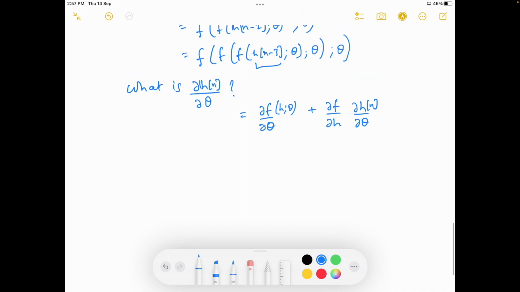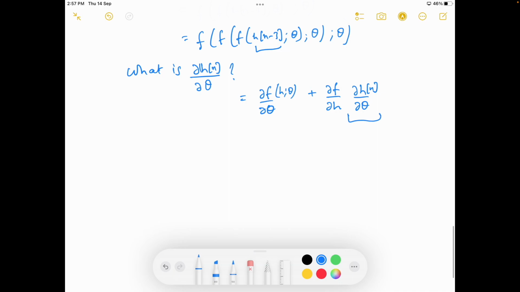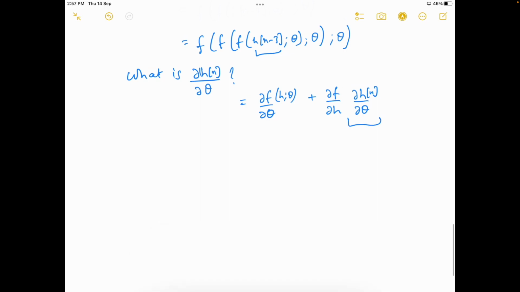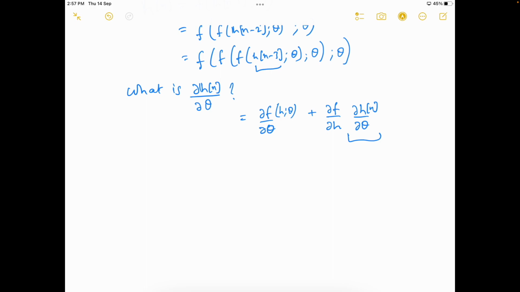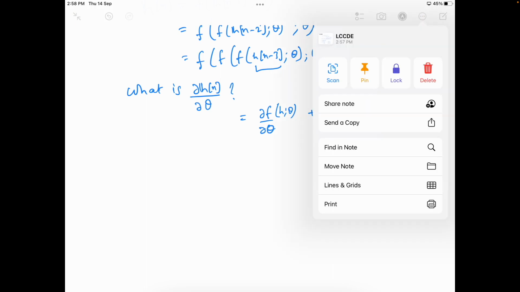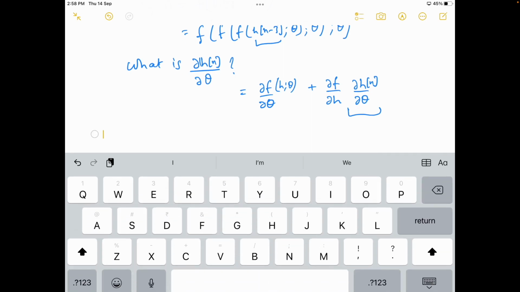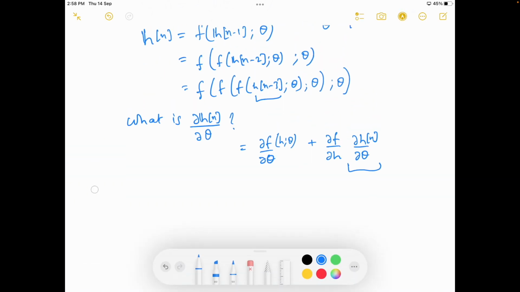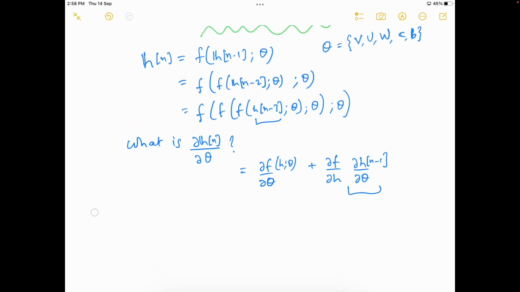Now what is dou h upon dou theta? It is again the same thing. No, this is h n minus 1 now, sorry. This was n.